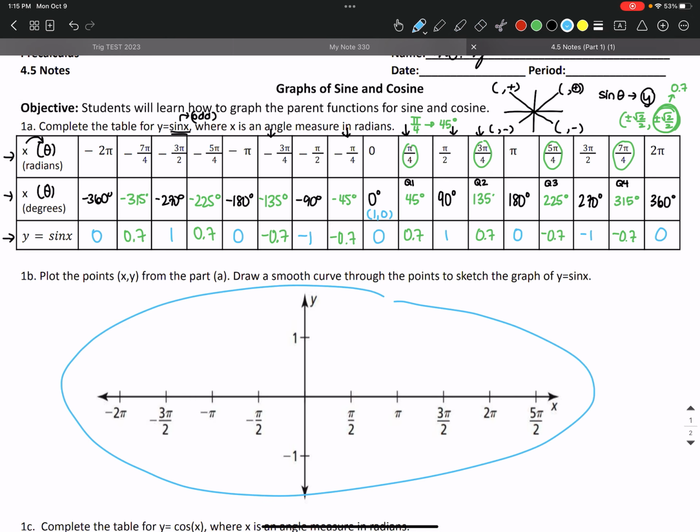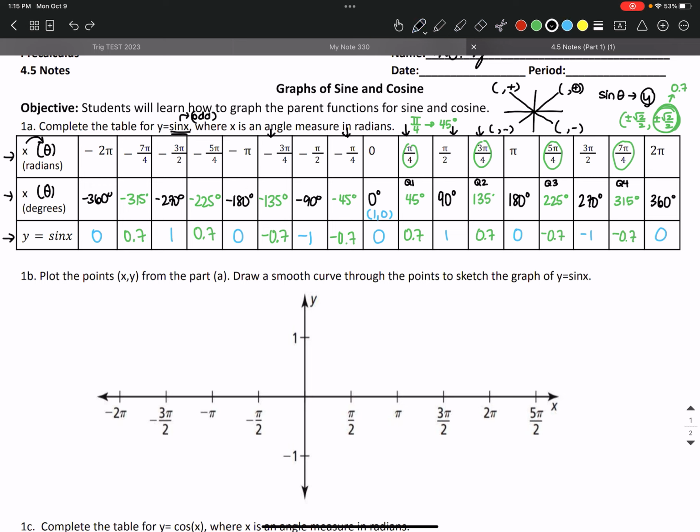What I want to notice about the graph below, and this is going to be true for all sine graphs, is that the x-axis is in radians, and that is always going to be the case when I'm graphing cosine and sine functions, so I need to make sure that I label my x-axis in radians. Even if you think about things in terms of degrees, you should really get used to thinking in terms of radians, because that's what we're going to be using for all of the graphs that we do in this unit.